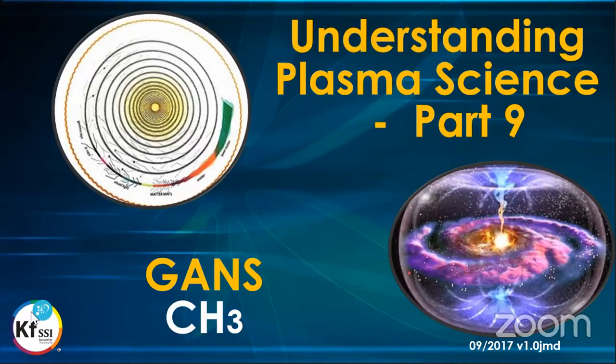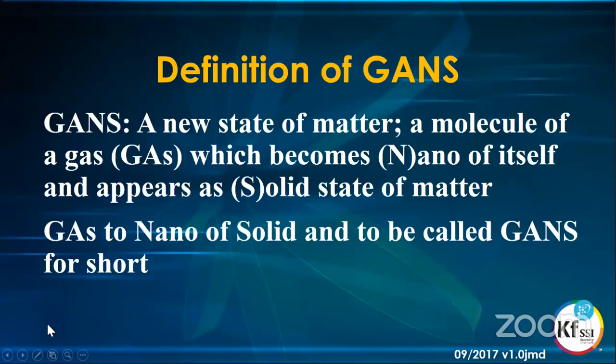All right, the final part of today will be making the CH3 GANs. We'll go through that method. Before that, a quick revision of the definition of GANs: a new state of matter, a molecule of a gas which becomes nano of itself and appears as a solid state of matter.